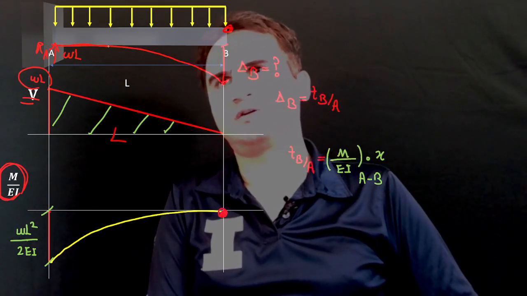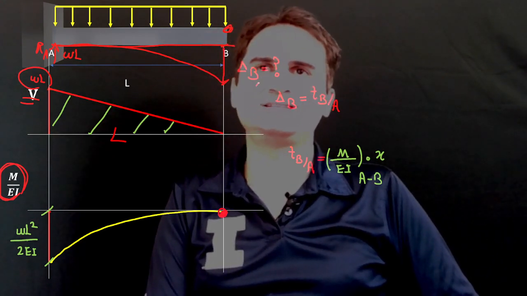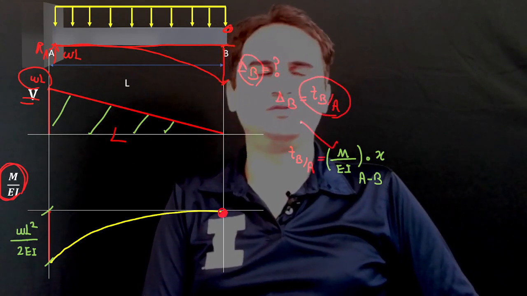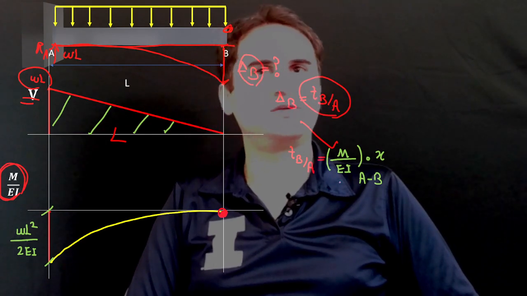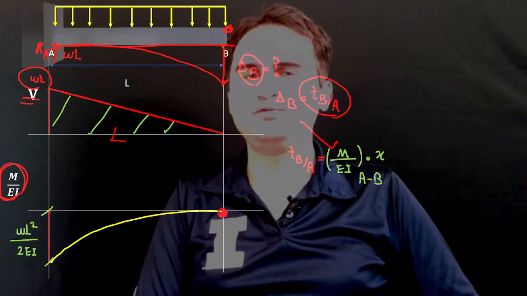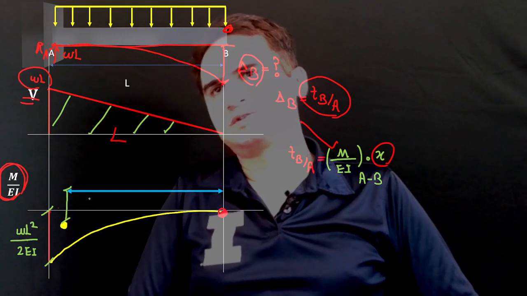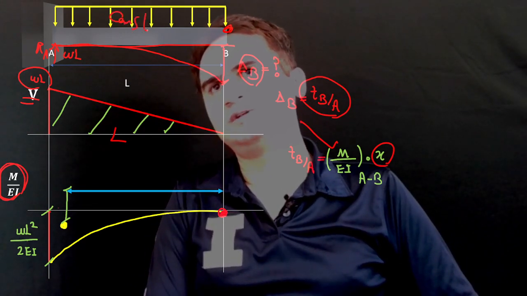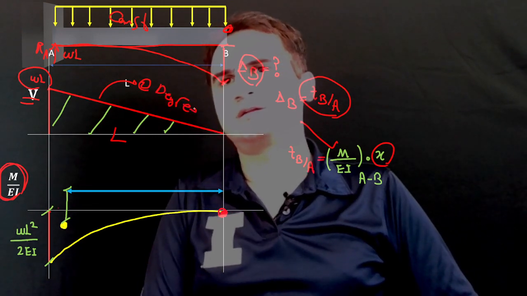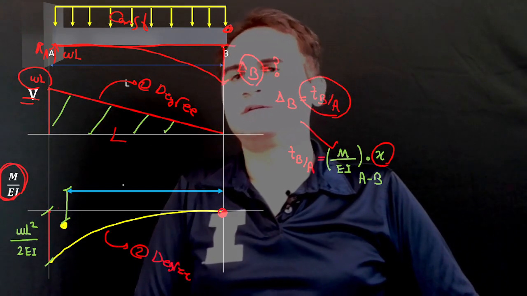If we draw a horizontal line and this is our tangent, we can easily see delta B is equal to t B with respect to A. Due to the second moment area theorem, that's the area under M over EI from A to B times X, where X is the centroid. The loading is constant, shear is first degree, and moment is a second degree curve.